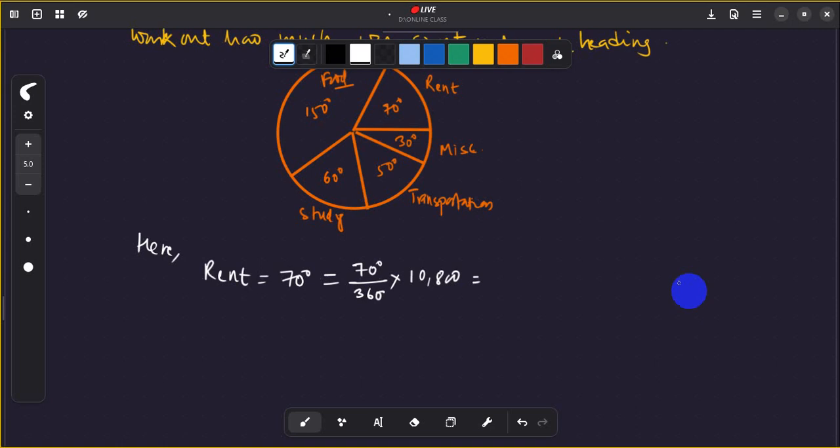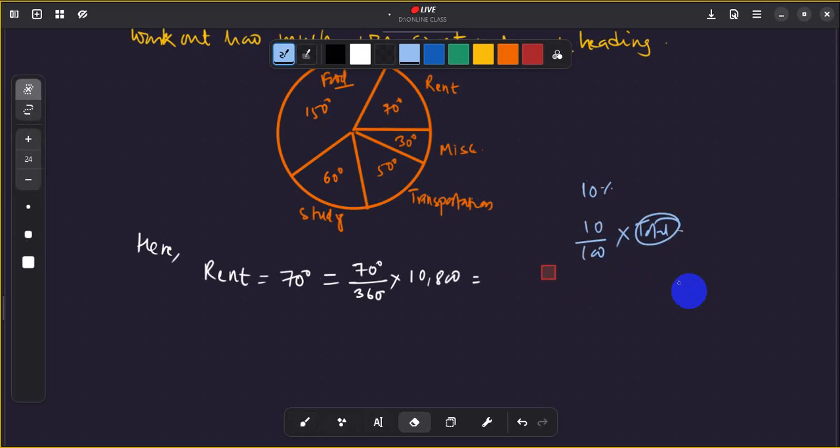It is similar to the conversion of percentage into value. When a percentage needs to be converted into a value, if there is 10%, we do 10 by 100 into the total, to convert the percentage into value.